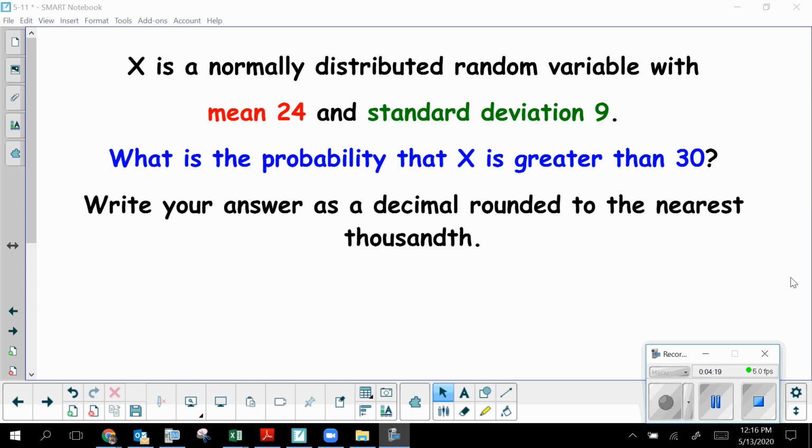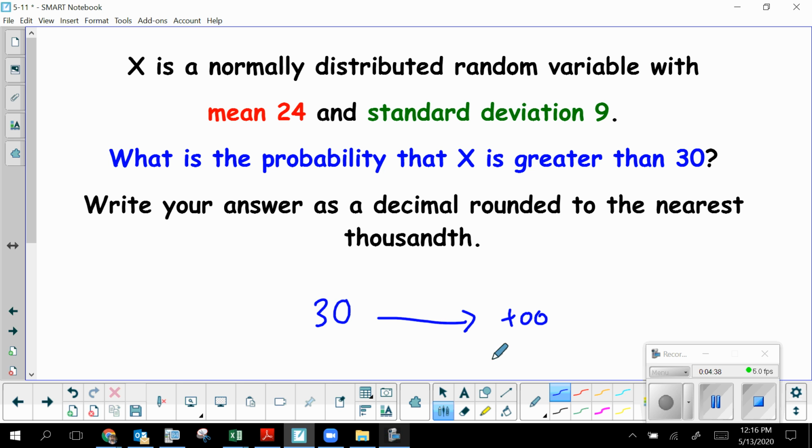One of the things we have to consider is we only have one value for our interval, right? Greater than 30 means that we're going from 30 all the way to positive infinity. And so 30 would be the min, and positive infinity would be the maximum that we would need to enter to use that normal distribution function.